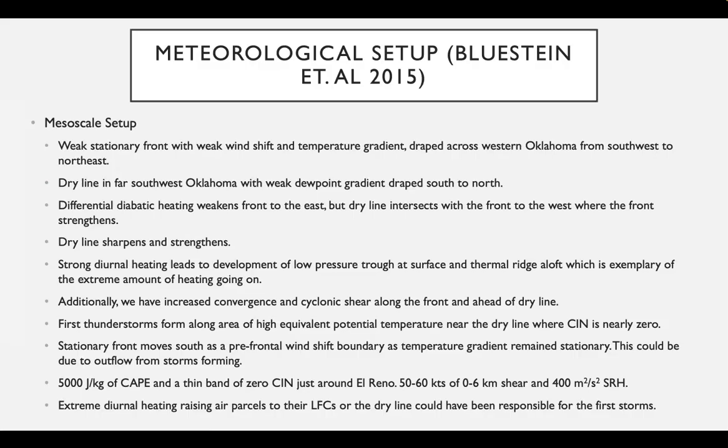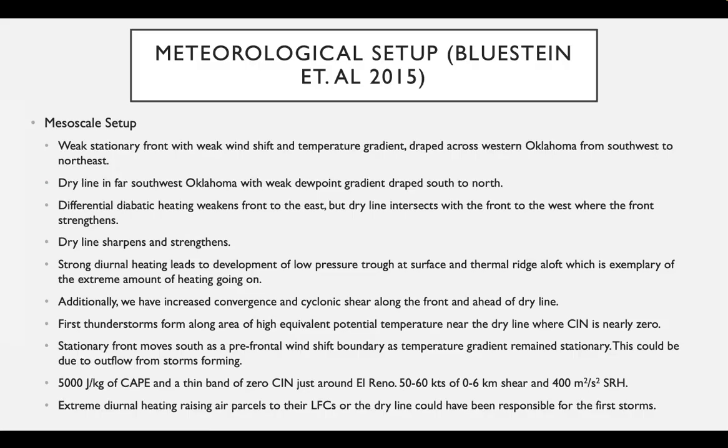Then the stationary front moves south finally as a prefrontal wind shift boundary because the temperature gradient remains stationary, but the wind shift actually did migrate to the south, and that could have been due to outflow from storms forming.